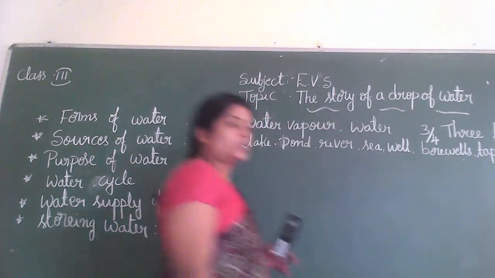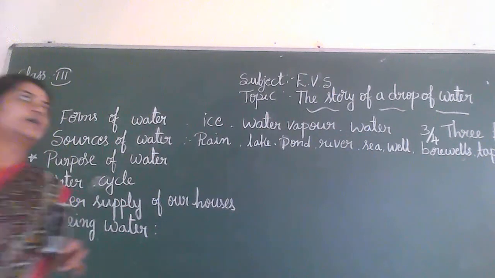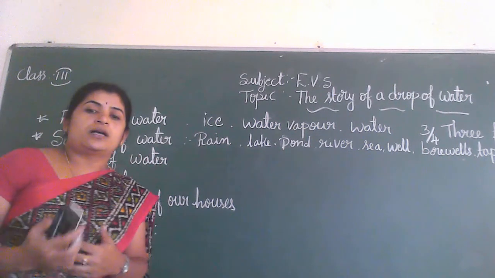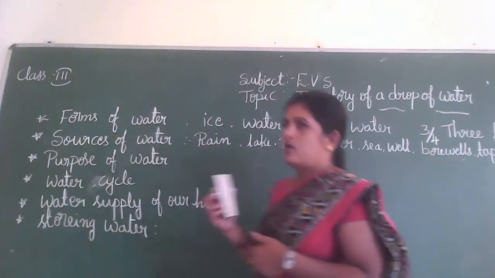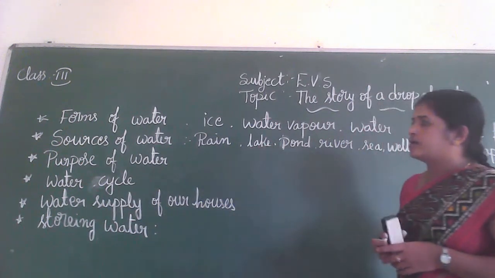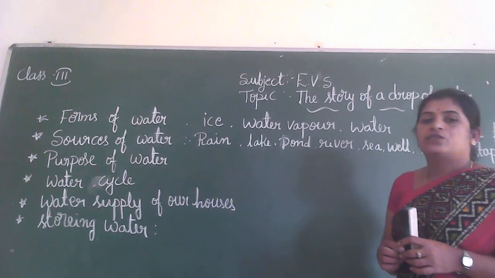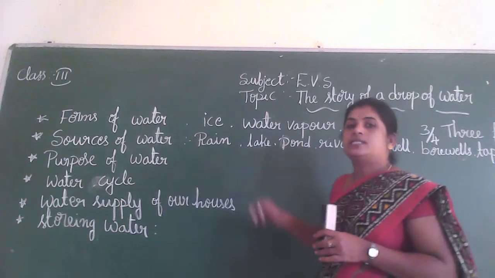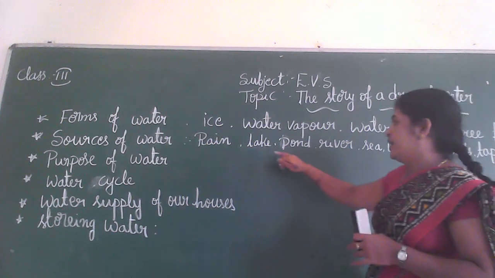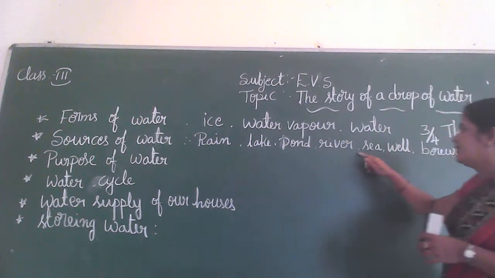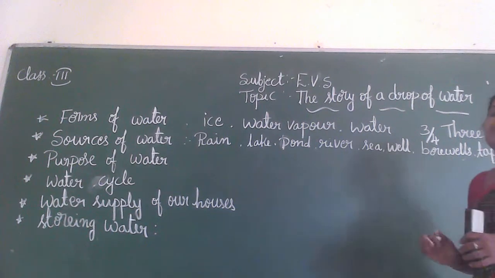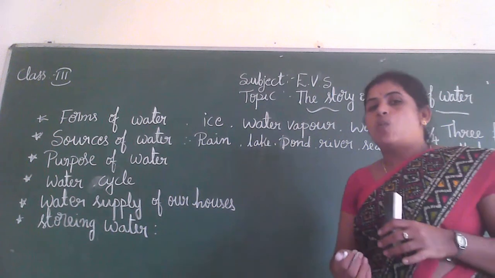These are the sources of water. Water is given from these resources. Main source of water, which one, children? Rain is the main source of water. Other sources of water: lake, pond, river, sea, well, borewells, taps.